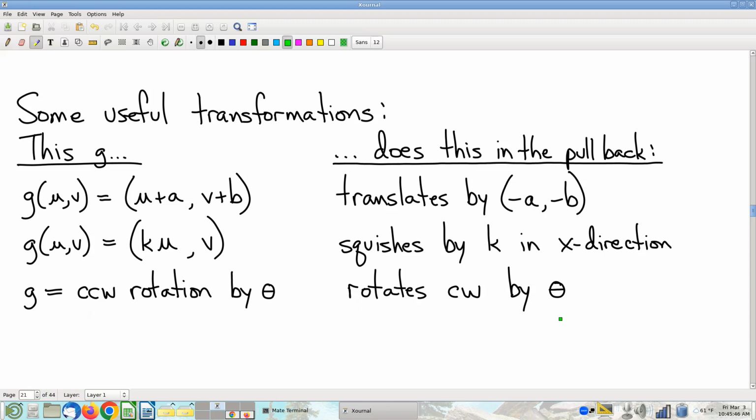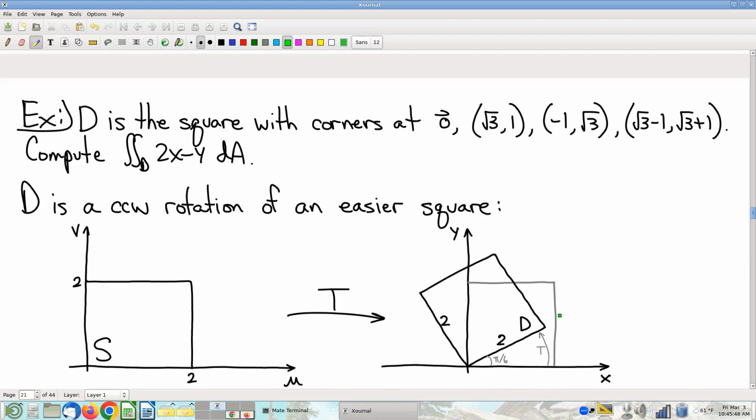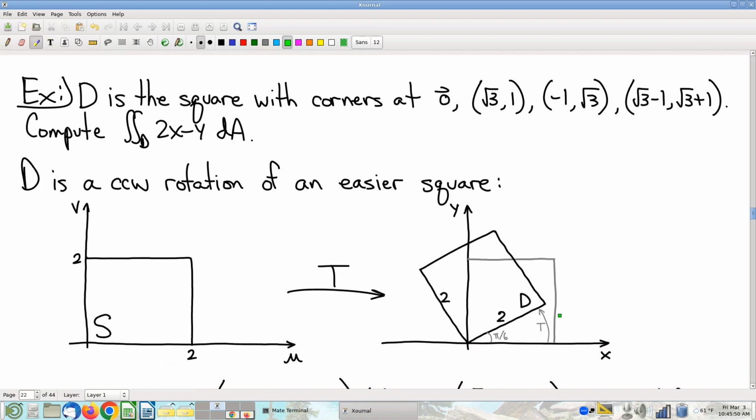Let's do that. Here it is. I've got a domain D. It's a square with certain corners given. Here's that square. And on that domain, I want to compute an integral. And I'm going to, again, label this with a sad face because I don't like this domain because I keep hitting corners when I start slicing, right?